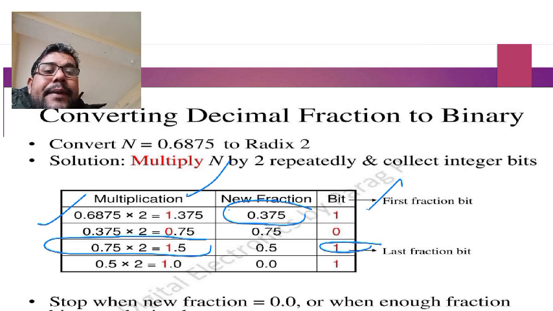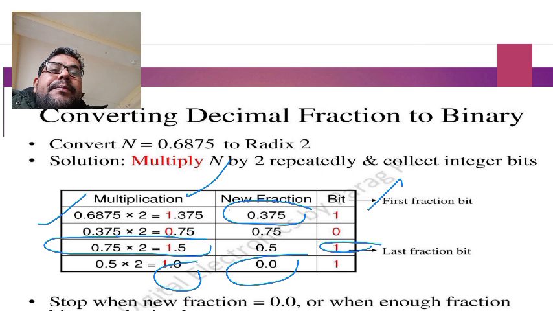Again we multiply by 2. The new bit we get is 1 and our new fraction is 0. We continue this process until the new fraction becomes 0, putting the new bit each time.